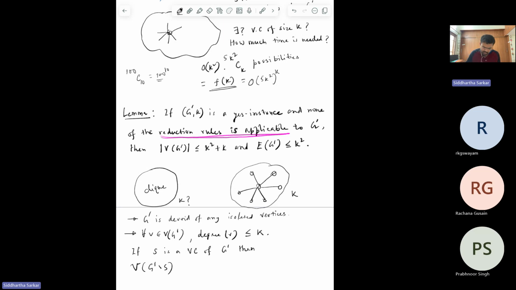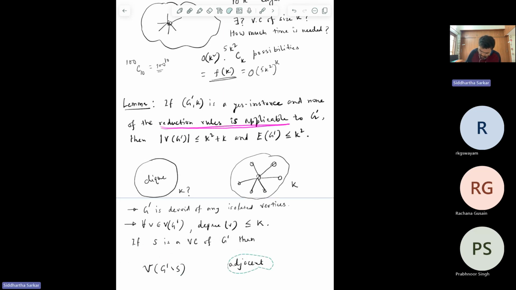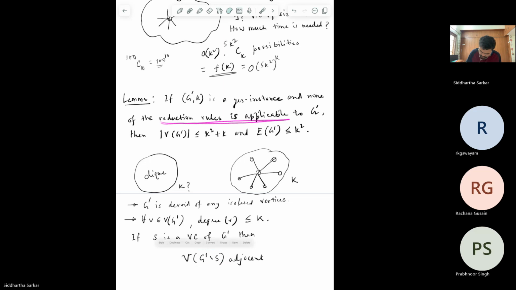So every vertex in this set is adjacent to some vertex in S. So each vertex in G dash is adjacent to some vertex in S. This is fine.